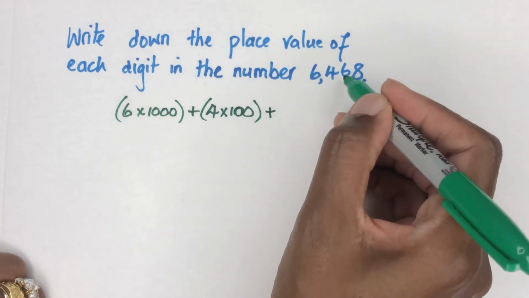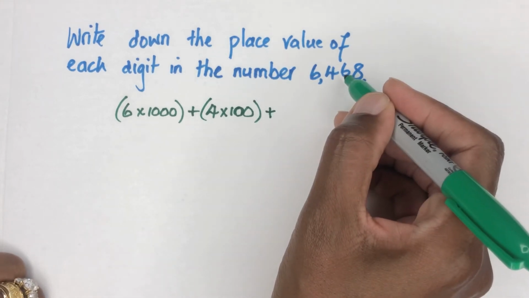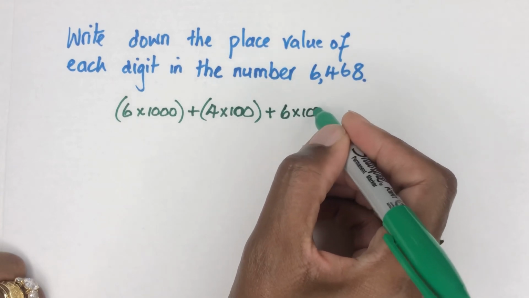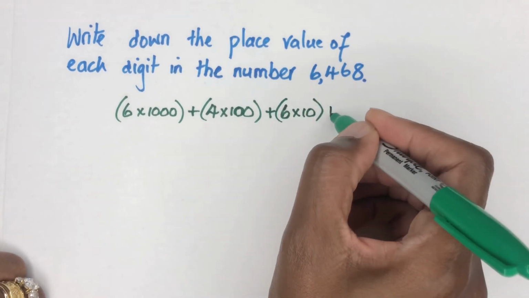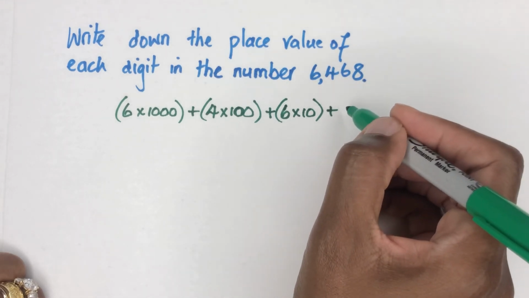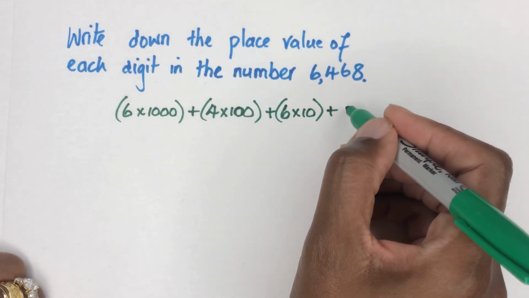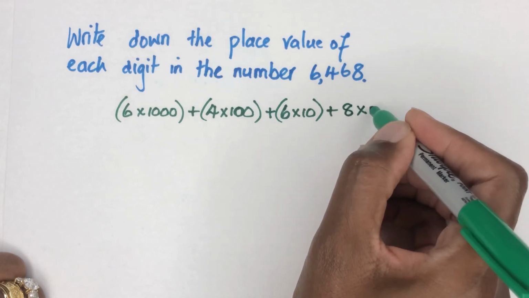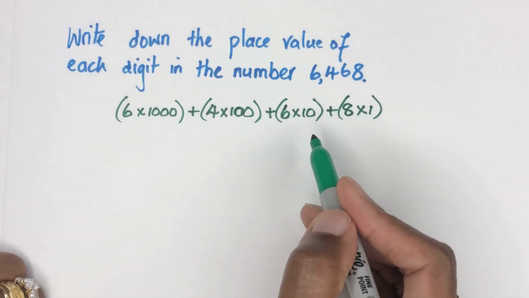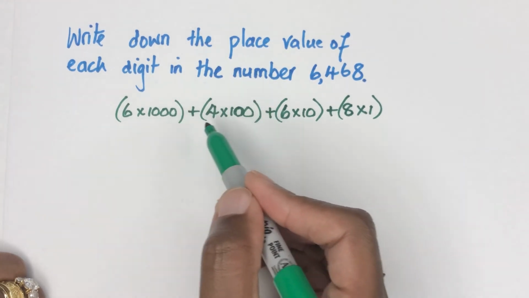Plus, the 6 would be 60. So that would be the tens, 6 times 10. And then the 8 ones or units, right? So it would be 8 times 1. Right? So that would be the answer to writing down the place value of each digit.